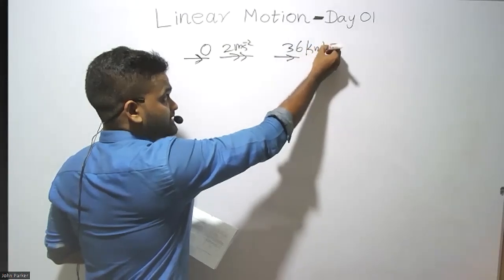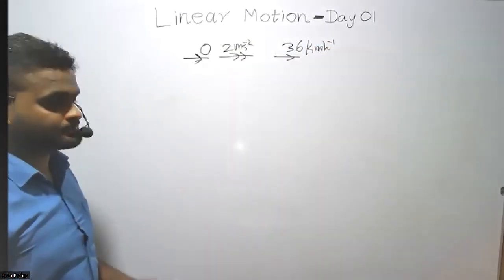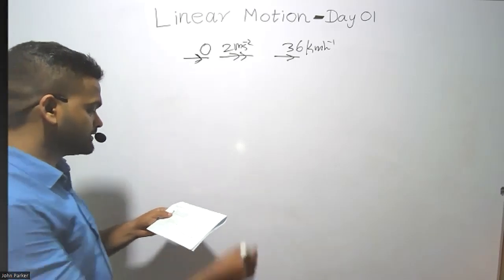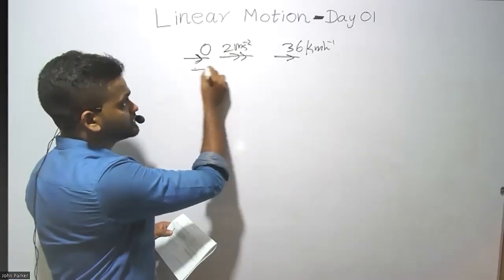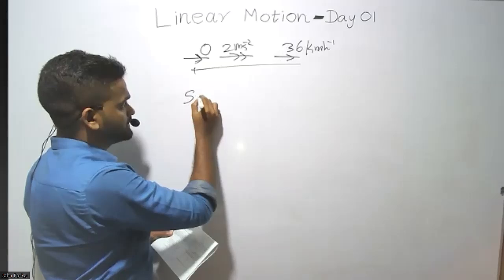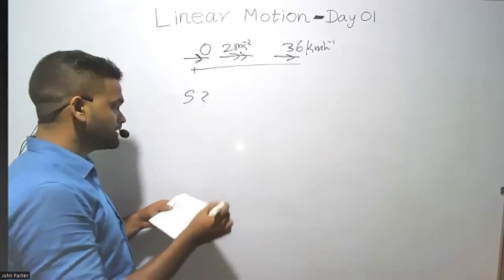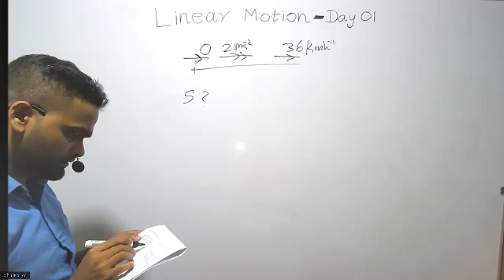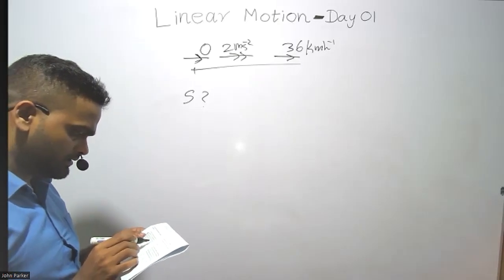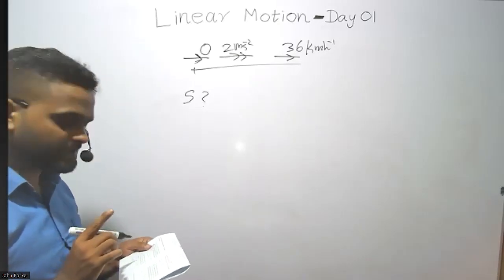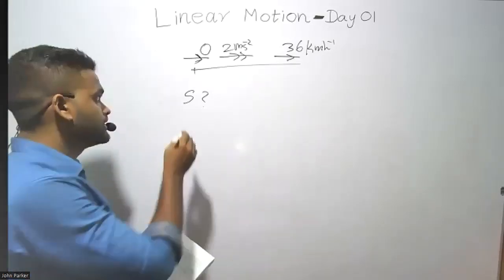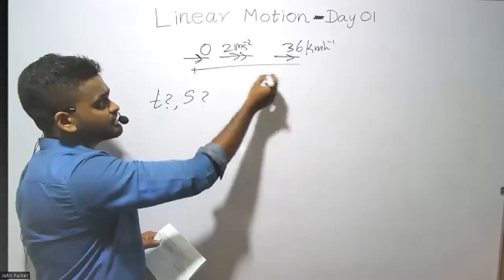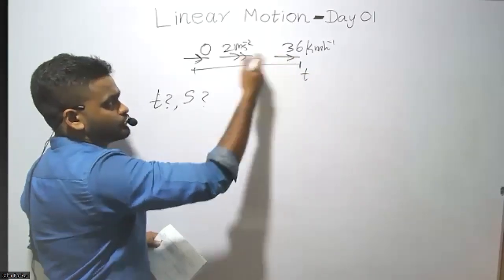So we have 36 kilometers per hour. What they ask is time and distance traveled.